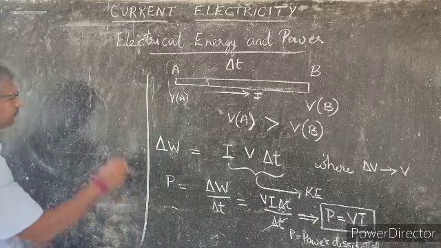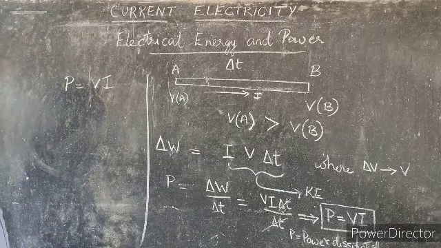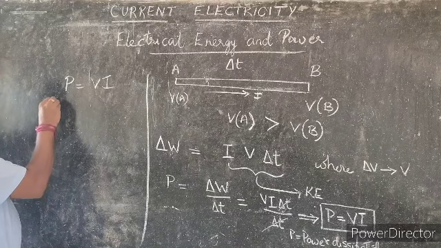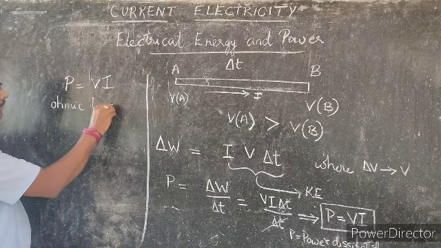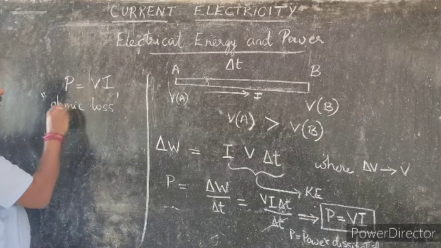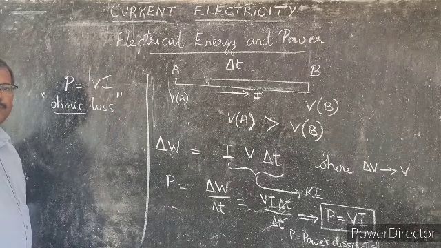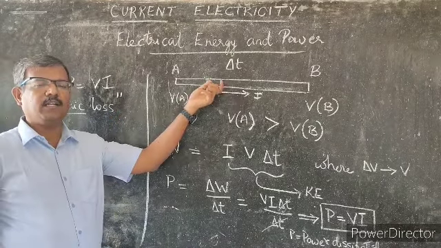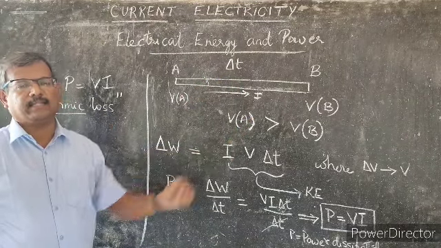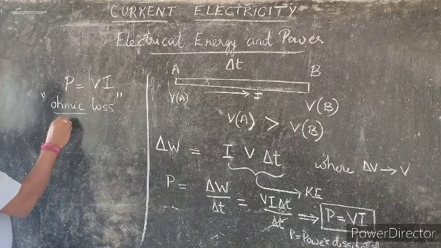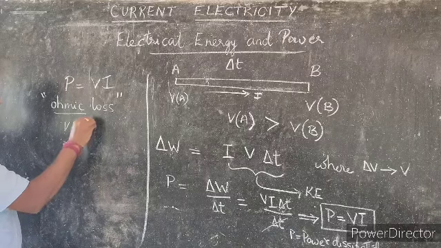This dissipated power is sometimes also referred to as ohmic loss. Ohmic loss, because this loss is due to the resistance offered by this conductor to the flow of electricity. So we know by Ohm's law V equals IR.